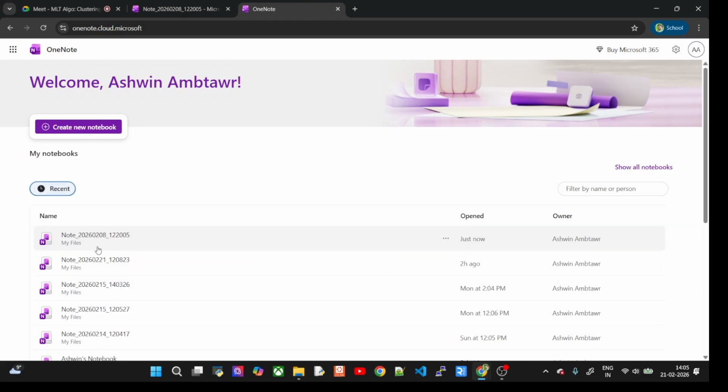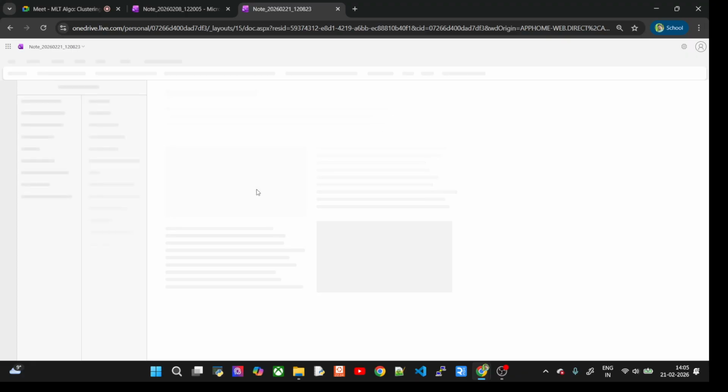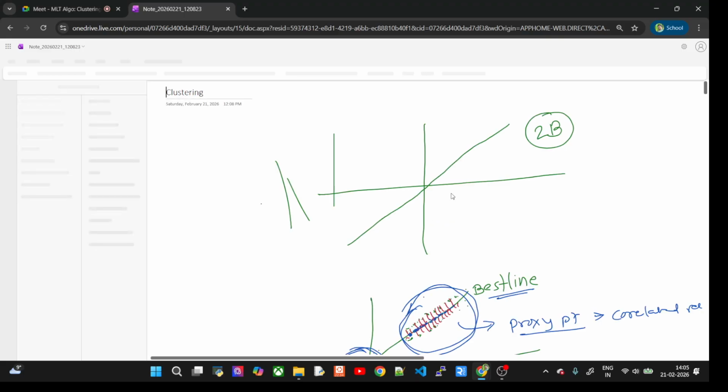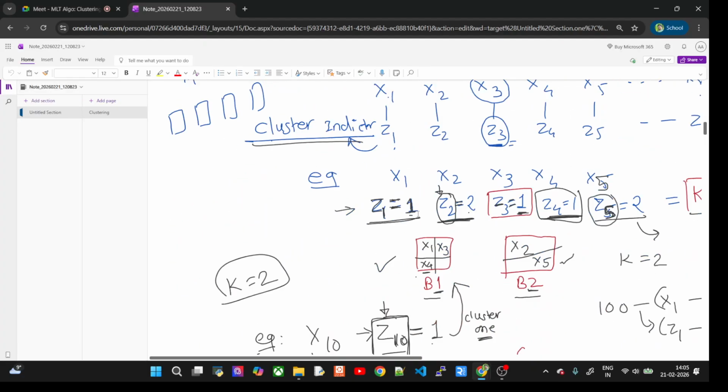I think I should open this. It's fine. So every step we have to calculate the mean, so that mean calculation is there, I hope.